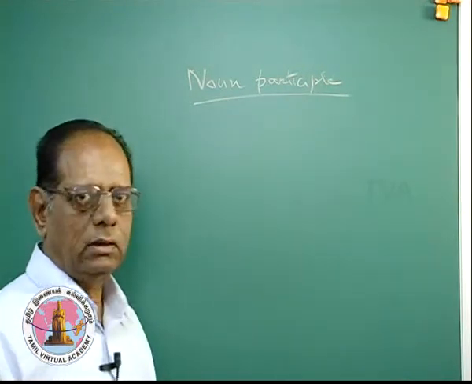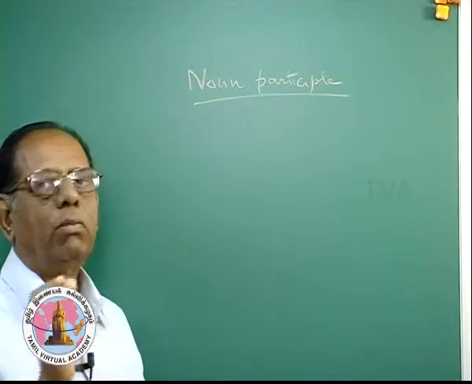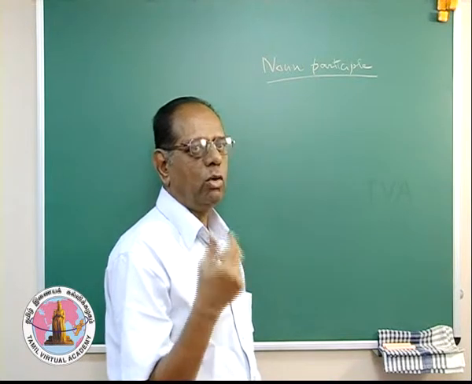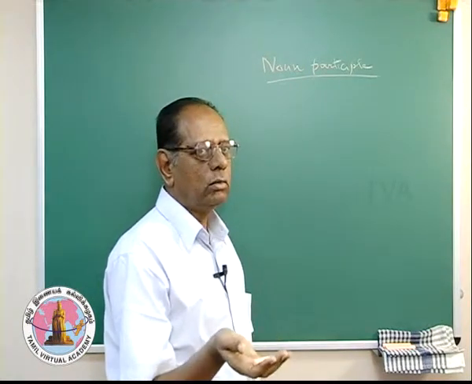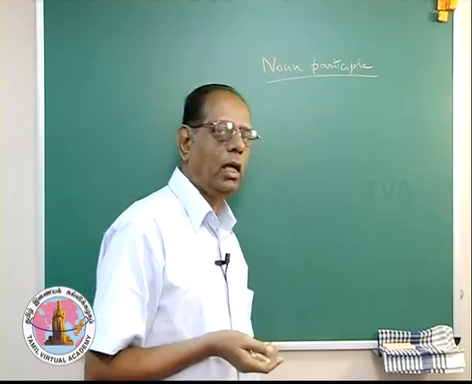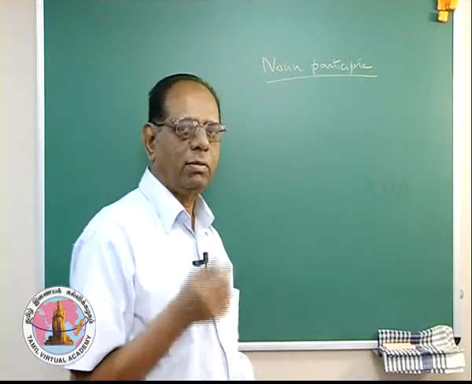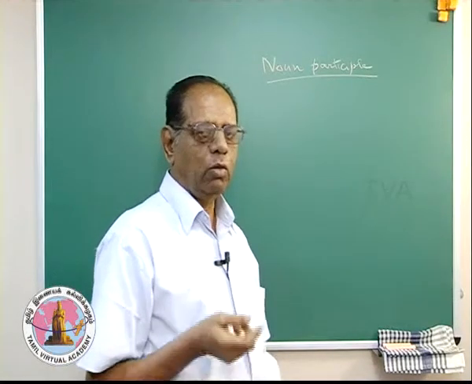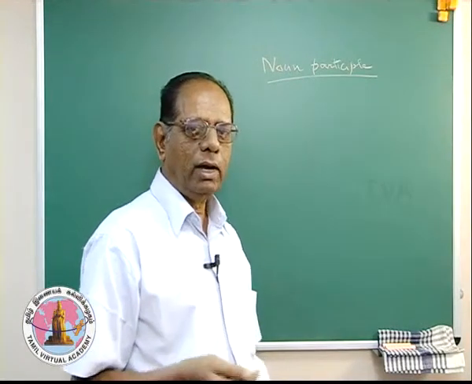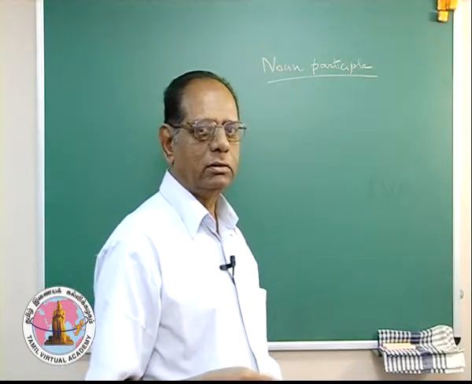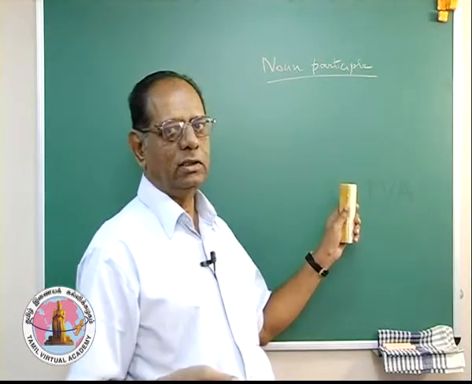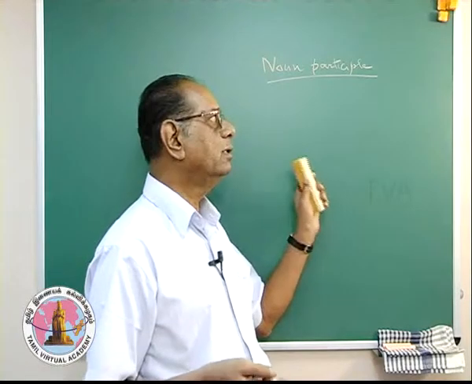That is, you have a form of a verb which requires a noun to complete the sense. Previously we saw the verbal participle, where another form of a verb required a verb to complete the sentence. That is the difference between the verbal participle and the noun participle.